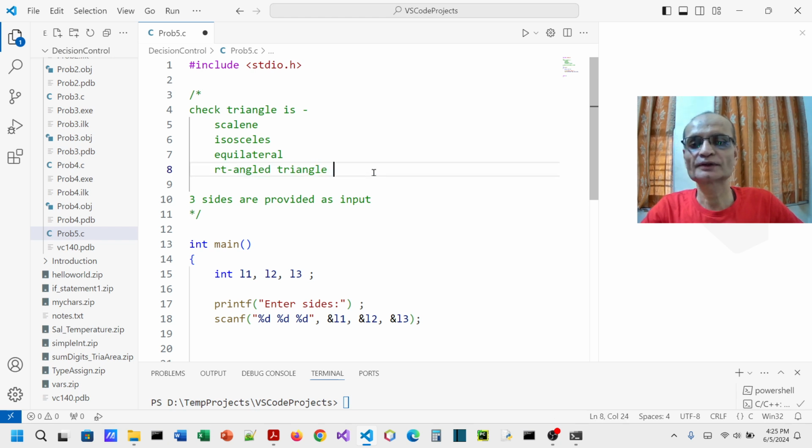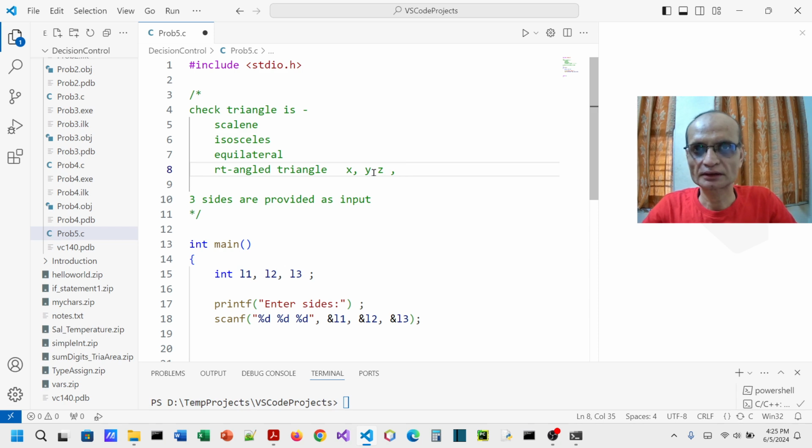Why? Because when you have a right angle triangle, then essentially you have two sides like x, y. If you consider xyz as a triangle, then how do you say that? So z square is equal to x square plus y square. If that condition is met, then essentially we say that it is a right angle triangle. So let me just put it here. Suppose I have three sides of a triangle, which we would have studied in our school days. So how do I do it?